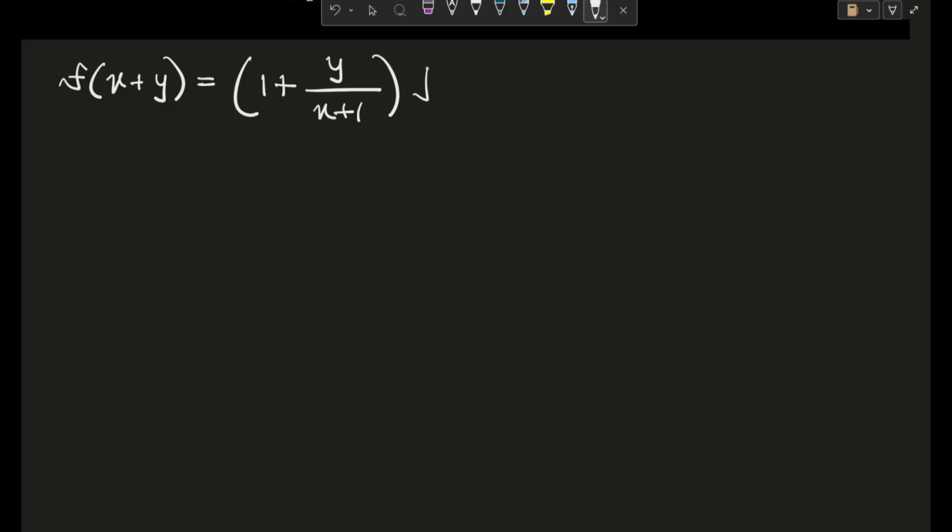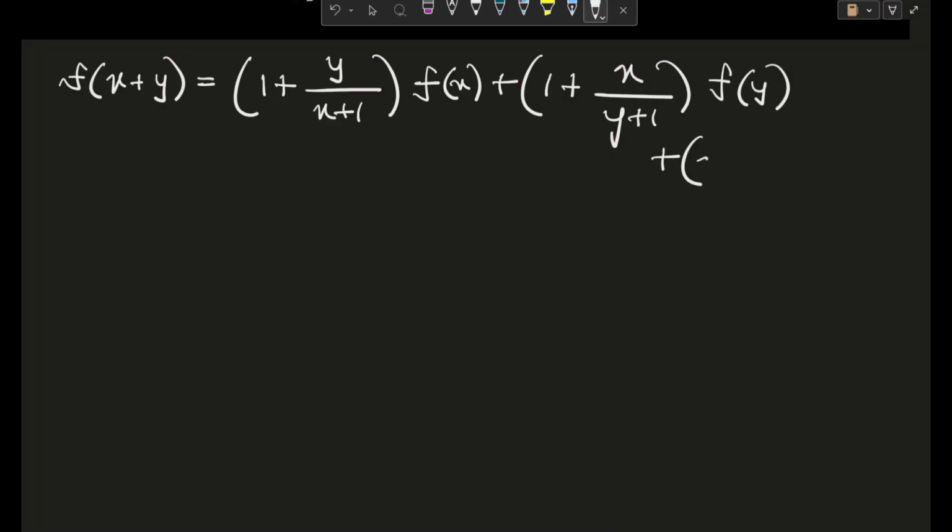So guys, proceeding, first I will write the question once. This is our f of x plus y, which was given to be equal to (1 plus y by x plus 1) times f of x, plus (1 plus x by y plus 1) times f of y, and finally in another bracket we will have x squared y plus xy plus xy squared, okay?